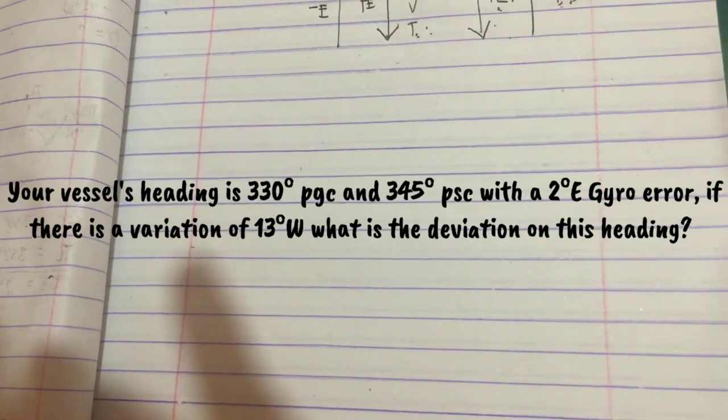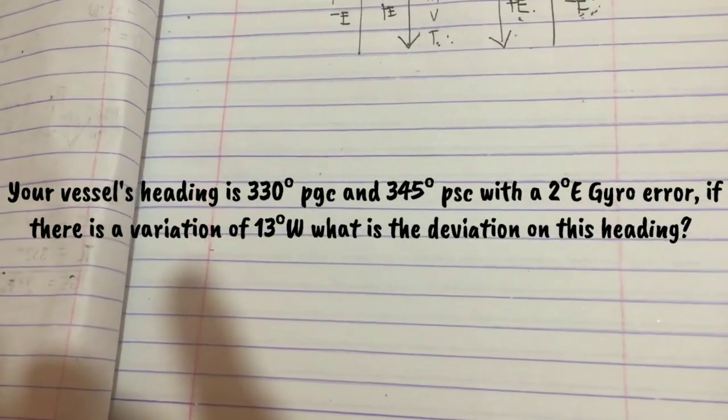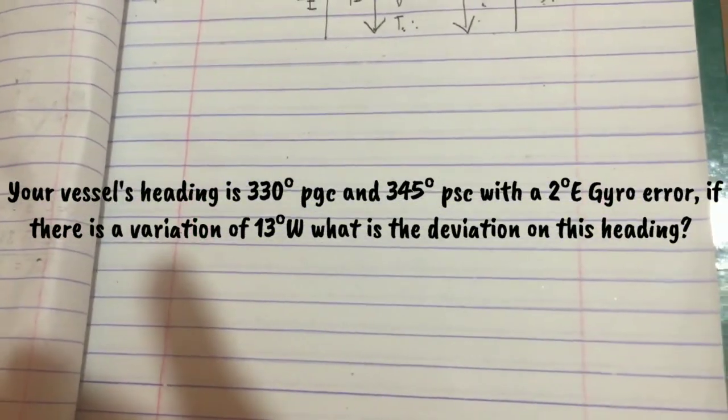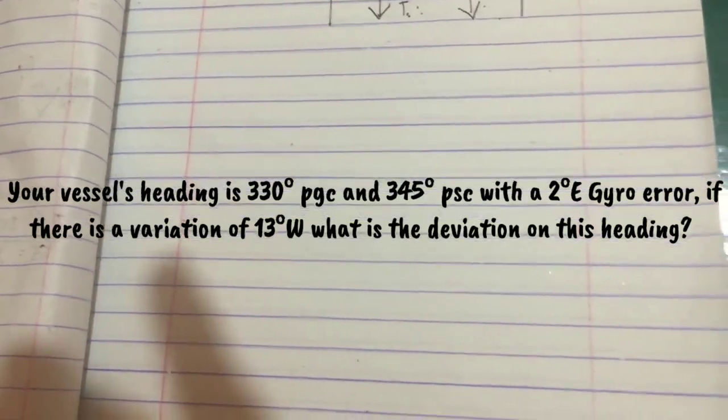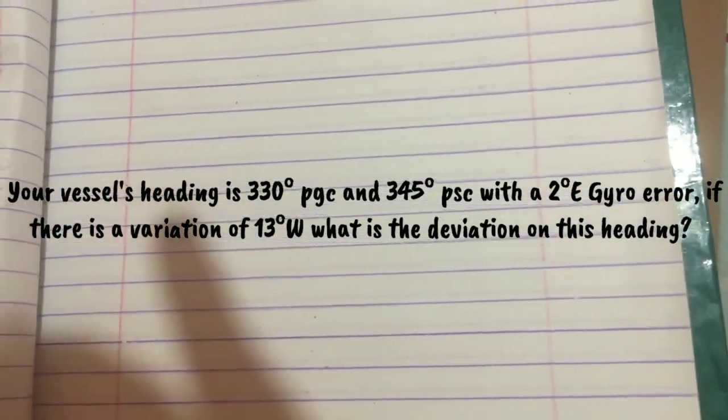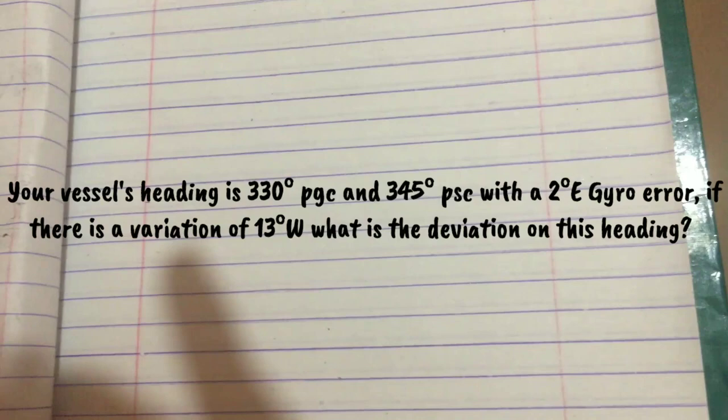If there is a variation of 13 degrees west, what is the deviation on this heading? So in this problem, this involves the gyro course, the compass course, the gyro error, and the variation. So we will find the deviation using the gyro course, compass course, and the variation.